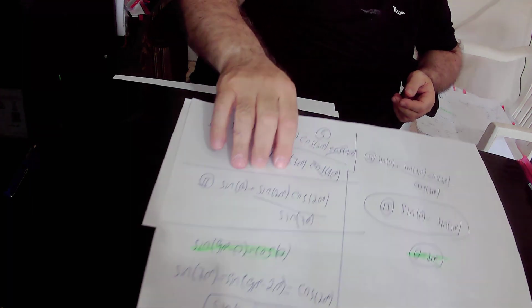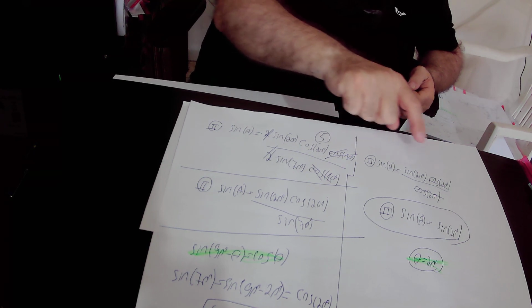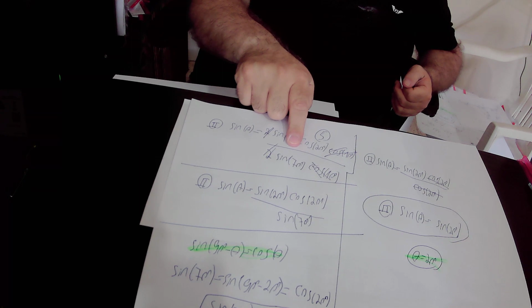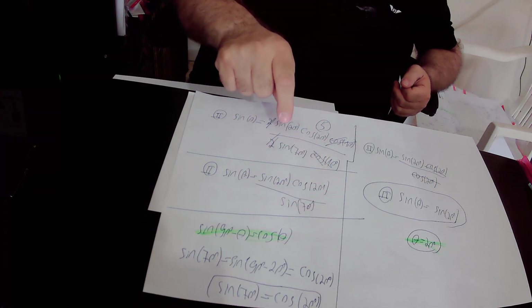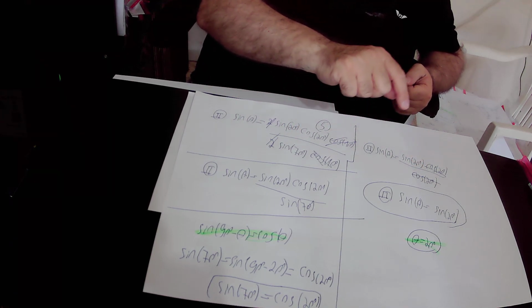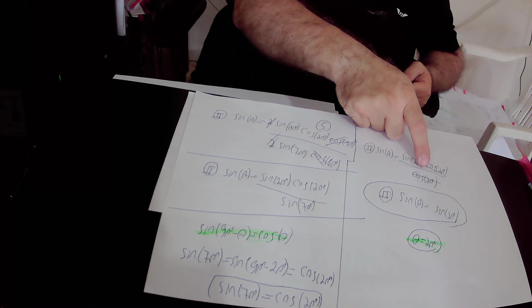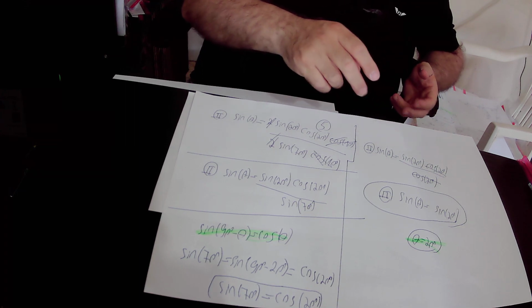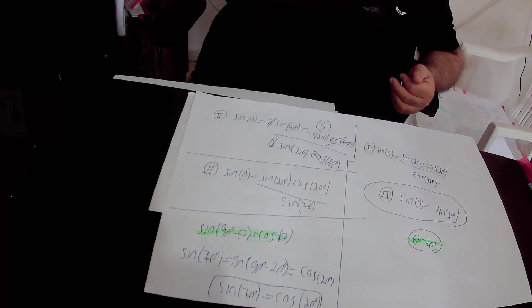We did it, and we got here that sine theta equals sine 20 degrees times cosine 20 degrees over sine 70 degrees, but we just found out that sine 70 degrees equals cosine 20 degrees. So we have cosine 20 degrees in the numerator and in the denominator, so cosine 20 degrees will get cancelled, and finally sine theta equals sine 20 degrees.